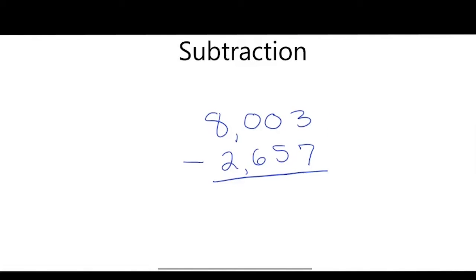So I need to borrow. I go over to the 0 and I try to borrow from the 0. But there's nothing to borrow from the 0. So I have to go to this 0 and there's still nothing to borrow from that 0. So I go to the 8 and we borrow from the 8.